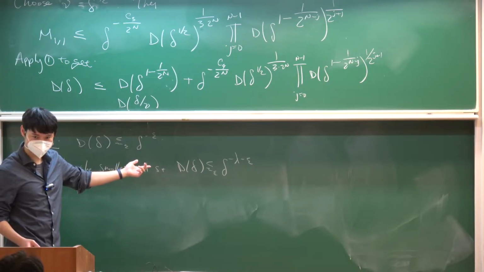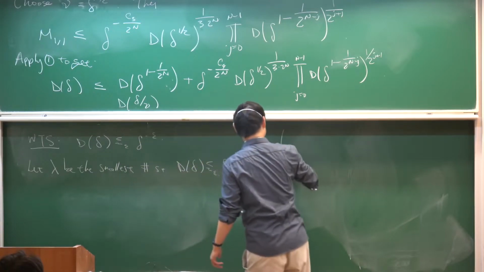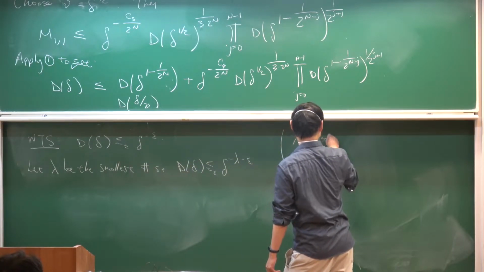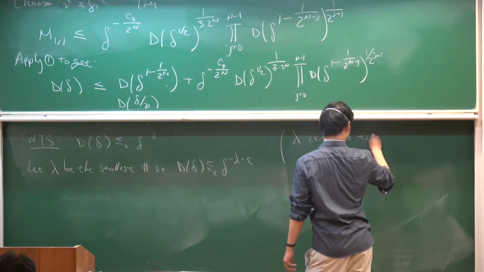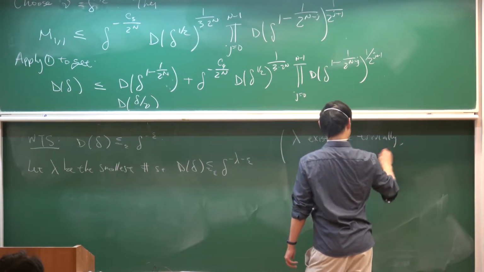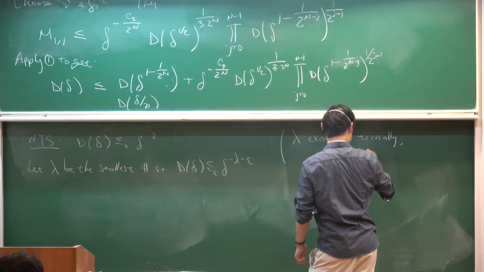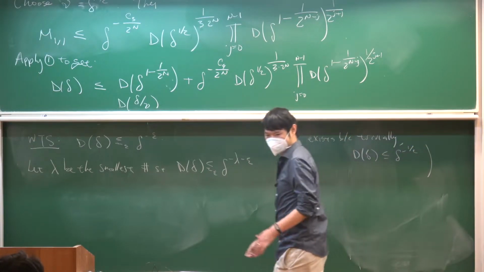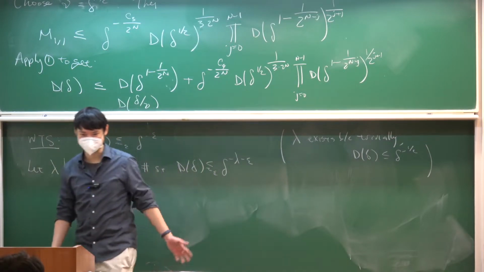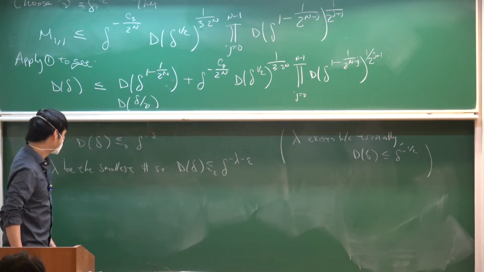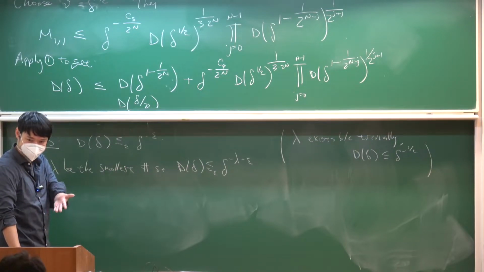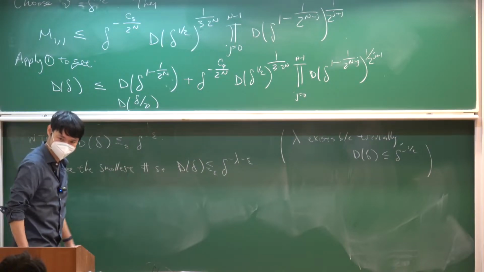Lambda exists because trivially d of delta is bounded by delta to the minus 1/2. So there is a smallest number, and it's also non-negative. If lambda was 0, then we would win. So let's assume lambda is positive.